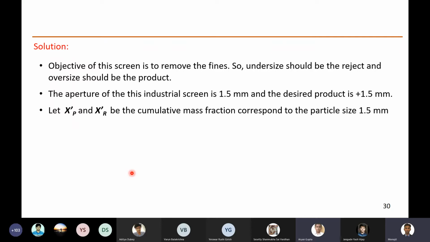Okay, sir. Now you answer whether xp dash represents the mass fraction of our desired product or not. Yes, sir. Okay, anyone else?